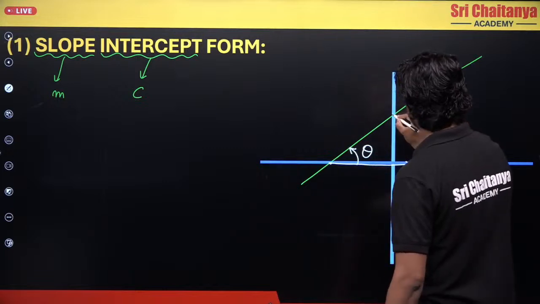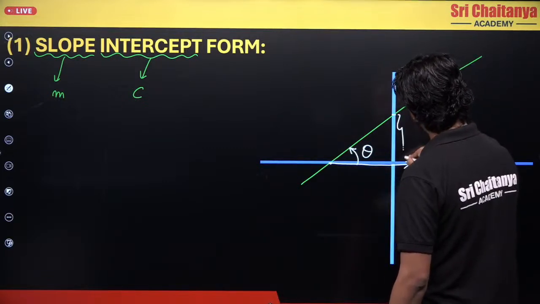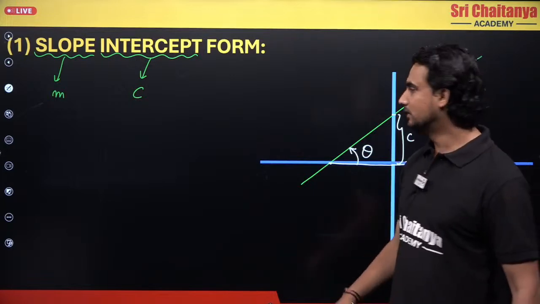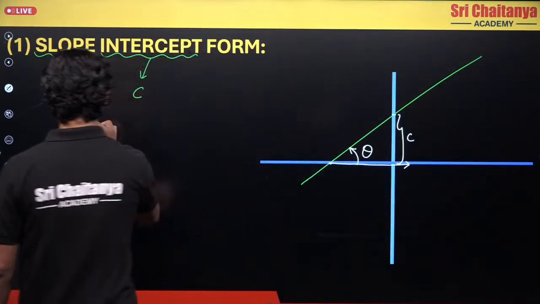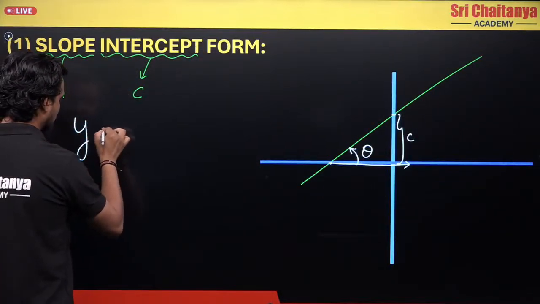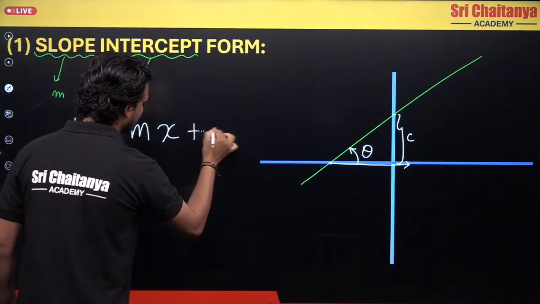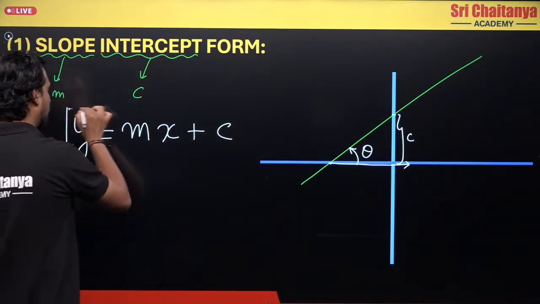Then I will find the y-intercept. This is the y-intercept, which I can call c. So to write the equation in slope intercept form, I can say y = mx + c.